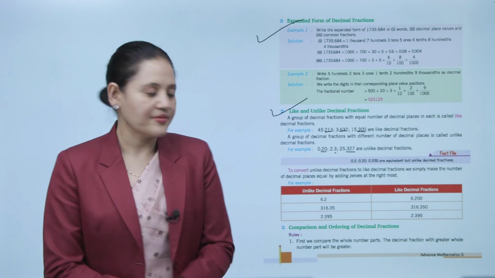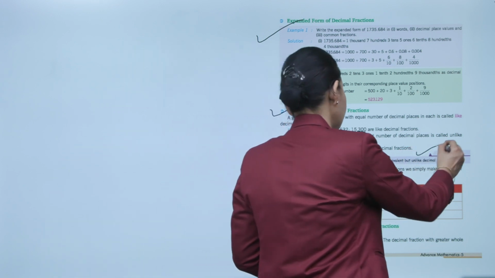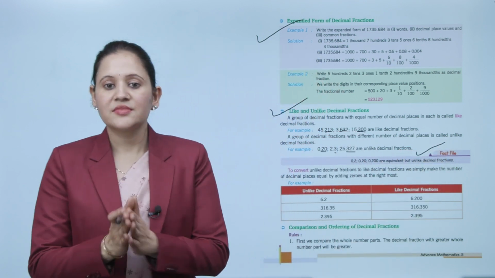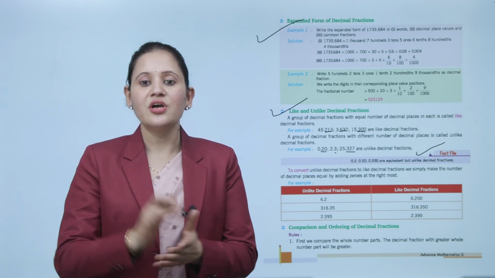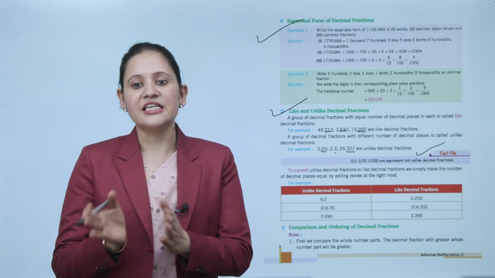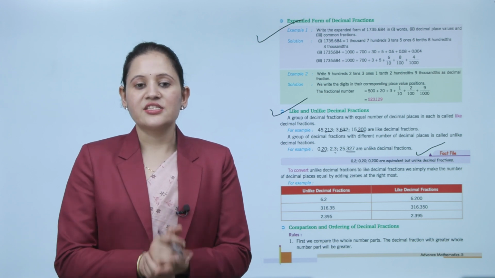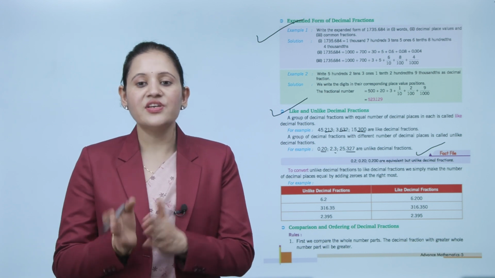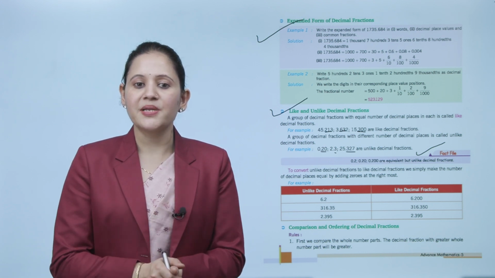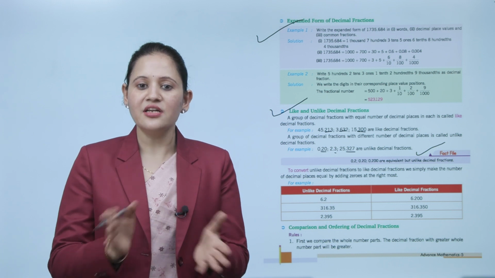Next is fact 5. 0.2, 0.20, 0.200 are equivalent but unlike decimal fractions. Next, to convert unlike decimal fractions to like decimal fractions, we simply make the number of decimal places equal by adding 0 to the right most.